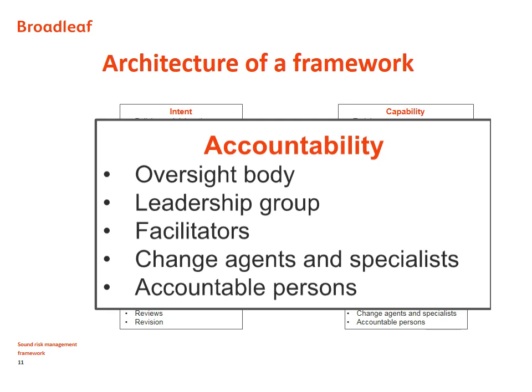Beneath the oversight body, there's normally a leadership group. It can be the executive committee or some other senior management group that gives direction and provides resources for risk management. This group is also concerned with the performance of the risk management framework and ensuring that there is suitable progress with the risk management plan. The leadership group is supported by facilitators.